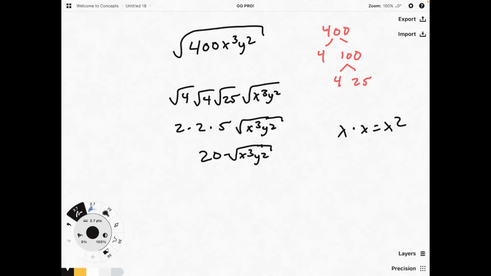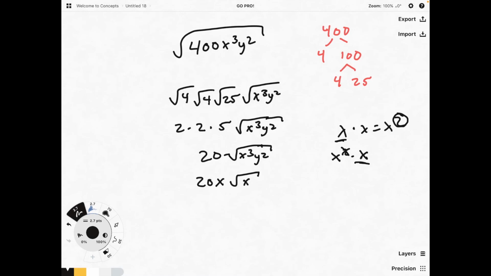So to get this value of x, all we need to do is remove 2 from the exponent. With that, we have x squared times x. This x squared drops out and becomes x. So 20x, and we still have the square root of x left. And then we still have the y squared.